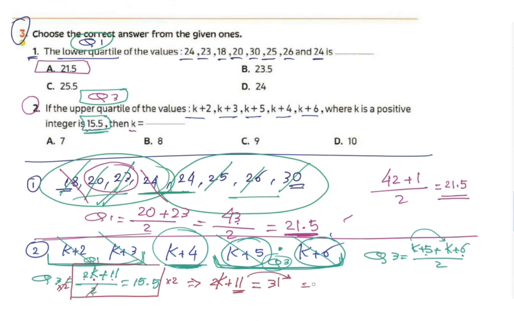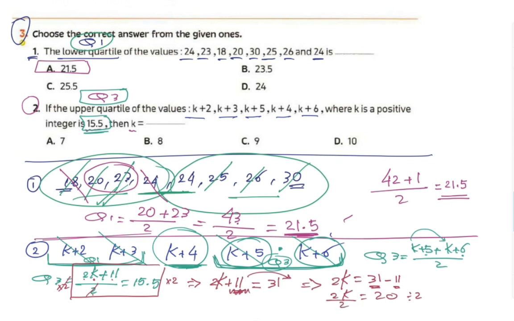Now the next step: I have 2K equals 31, where the plus 11 I sent to the other side as minus 11. 31 minus 11 equals 20. That means 2K equals 20. Divide both sides by 2.